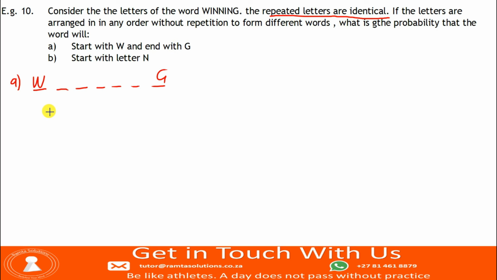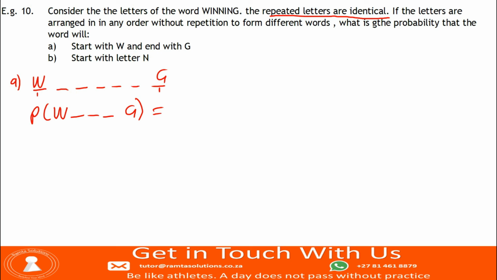Now, I do see here that we have winning. So the probability that you start with W and then end with G will be, when you look at this, forget about them.